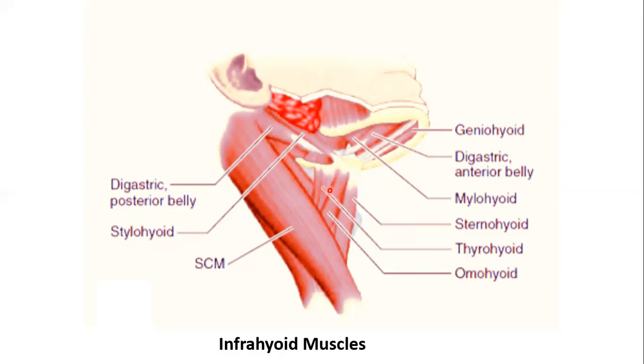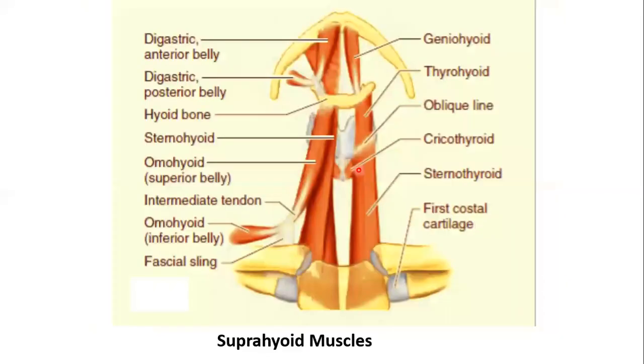So these are the infrahyoid muscles, of course, below the hyoid bone. You can see in this picture as well what is visible. This is the thyrohyoid muscle over here. This is the sternothyroid, and this is also visible over here. And this is the omohyoid, of course with two bellies, superior and inferior. And this is the sternohyoid.